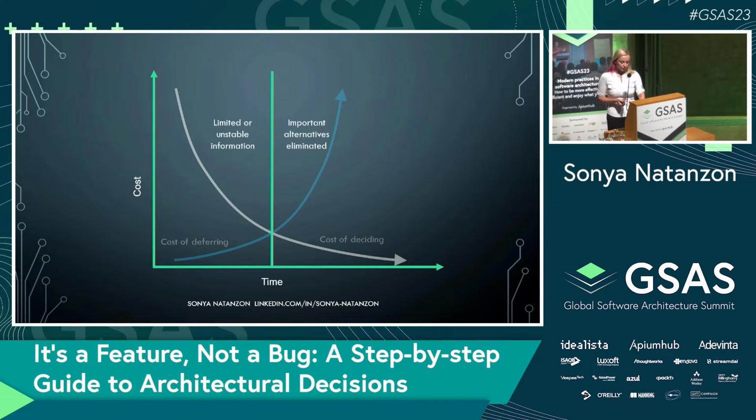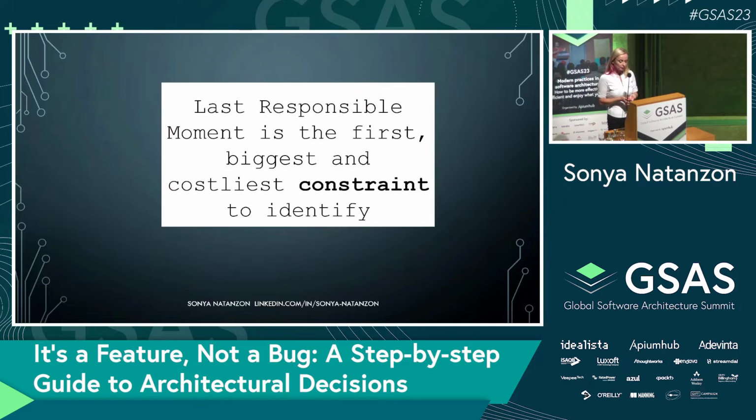Same in software. You want to delay commitment until the moment at which failing to make a decision eliminates an important alternative. You're trying to gain as much knowledge as possible while still preserving optionality. I see that play out a lot in buy versus build decisions. If you're considering something new and unknown, you want to learn as much as possible about it, understand all the implications, but not take so long that if you do decide to go with it, you no longer have time to implement it.